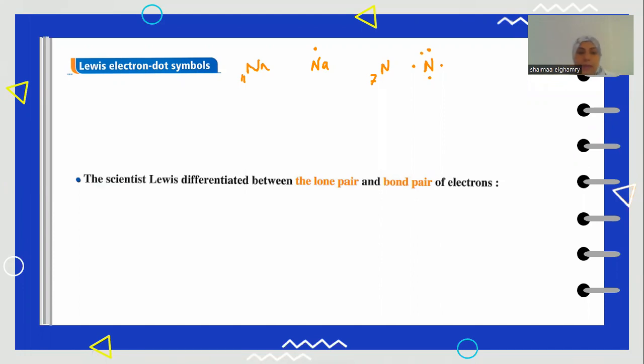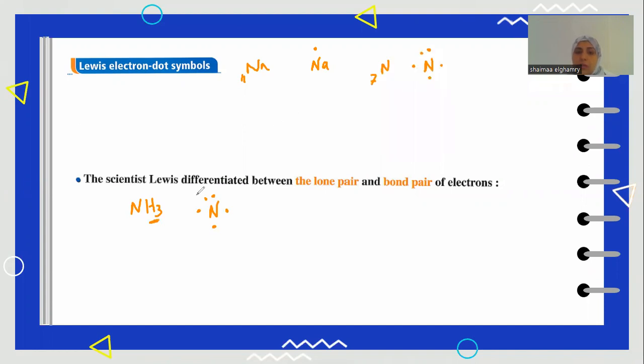If we have an example such as NH3, as we said, nitrogen is surrounded by 5 electrons. So 1, 2, 3, 4, 5. And here it is attached with 3 hydrogen.